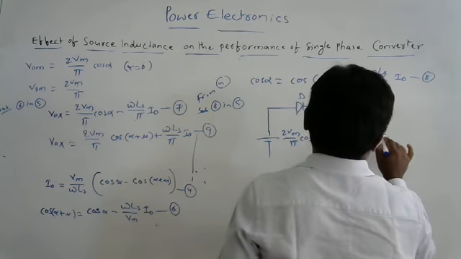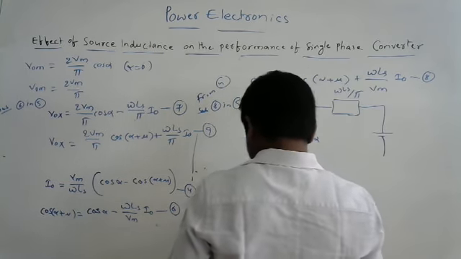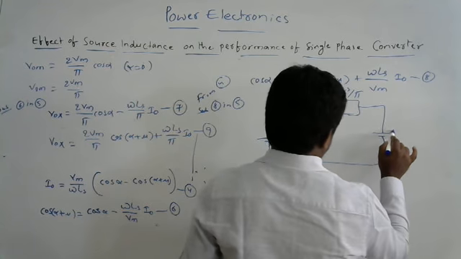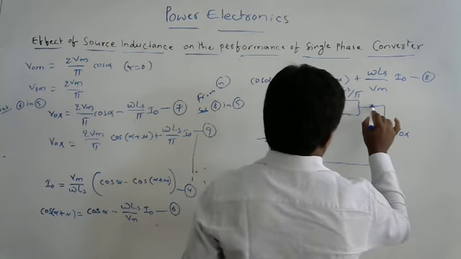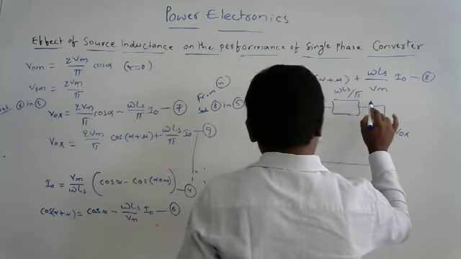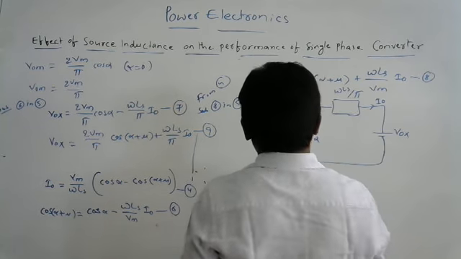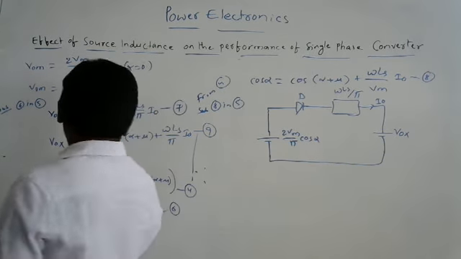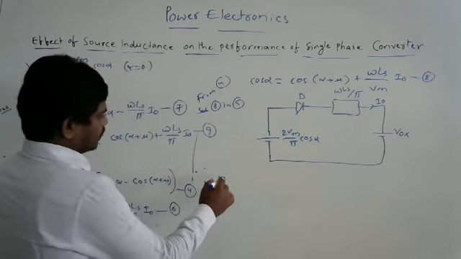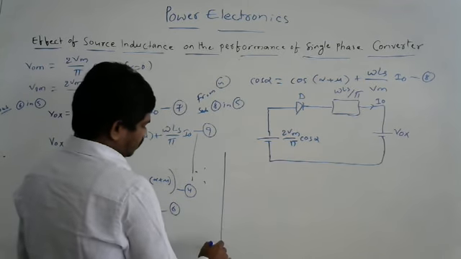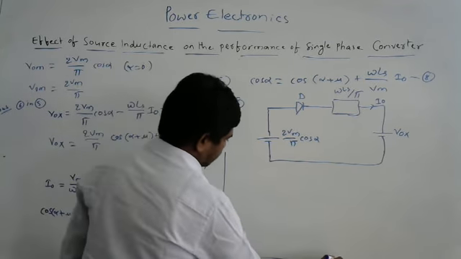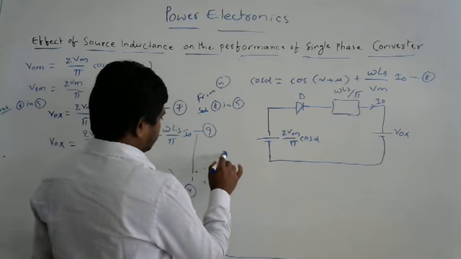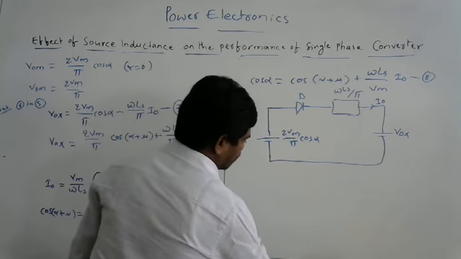Then we have the output voltage like this. This is V naught x, and the current flowing through is I naught. So this is my equivalent circuit. With this equivalent circuit, we can say how the voltage is regulated by the change of output current.